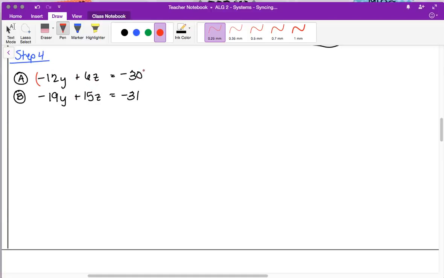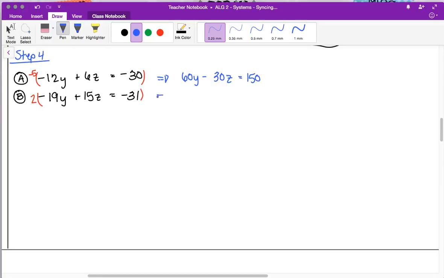So here's my strategy. I'm going to multiply the first equation by negative 5, and I'm going to multiply my second equation by a positive 2. Let's do that and see what we get. So my new equation A, negative 5 times negative 12 is 60y minus 30z is equal to a positive 150.